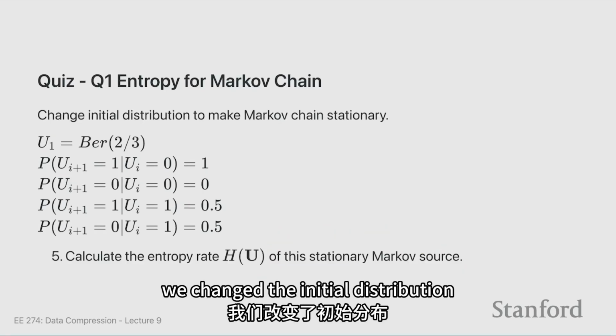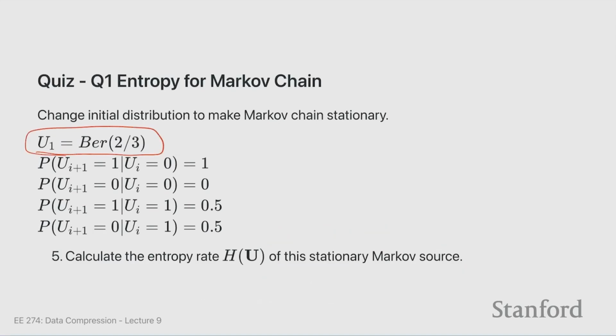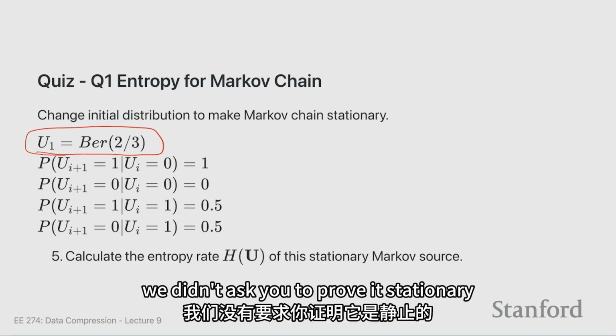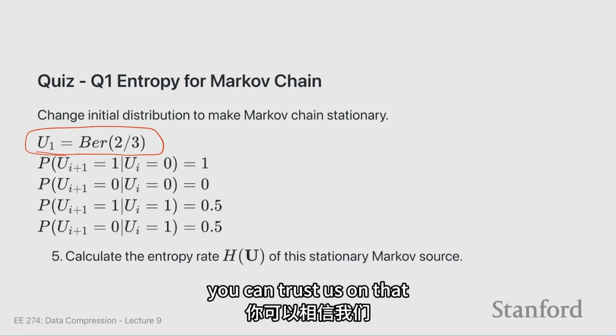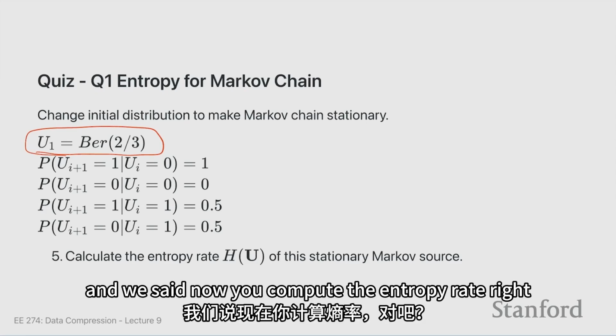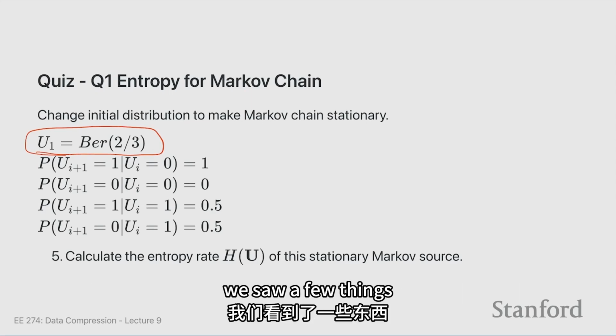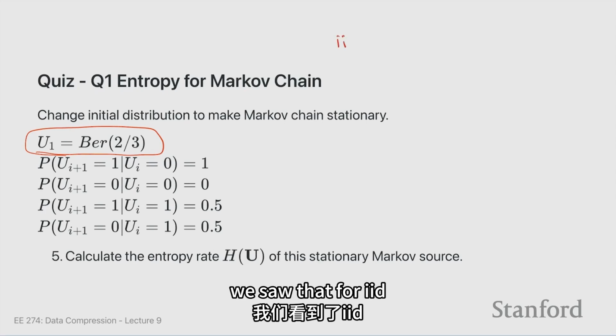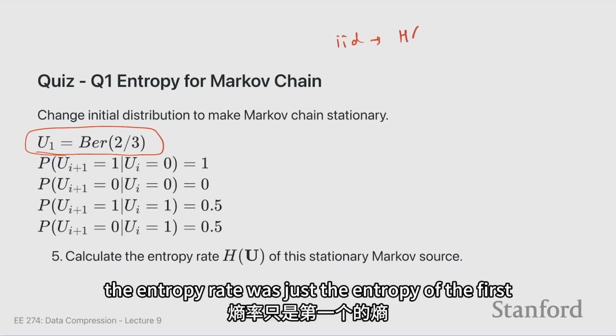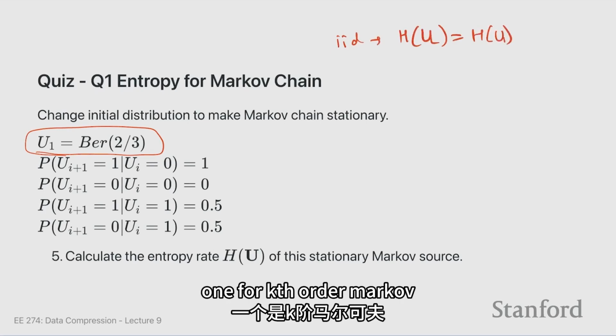Now what we did was we changed the initial distribution, which does make it stationary. We didn't ask you to prove it's stationary; you can trust us on that. And we said, now you compute the entropy rate. In the last lecture, we saw that for IID, the entropy rate was just the entropy of the first one.